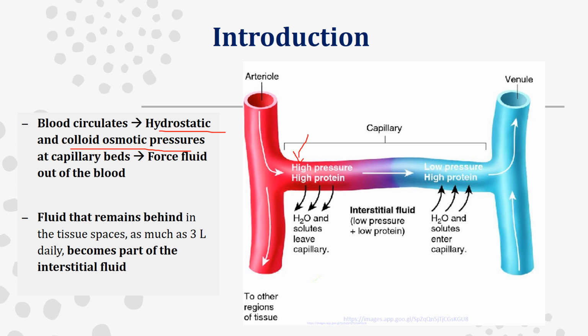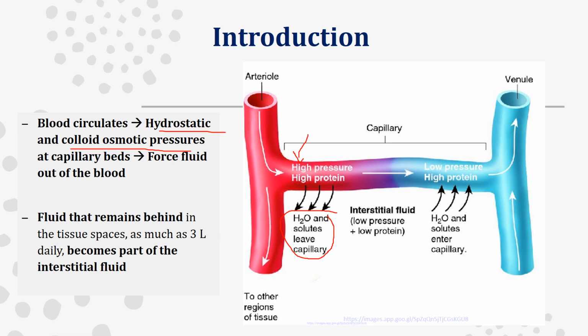And these high pressures at the arterial end of the capillary will eventually force plasma fluid to leak out from the vessels. This fluid that leaks out mainly consists of water and other solutes such as glucose, amino acids, electrolytes, or even white blood cells, and they leak out to the surrounding tissues.